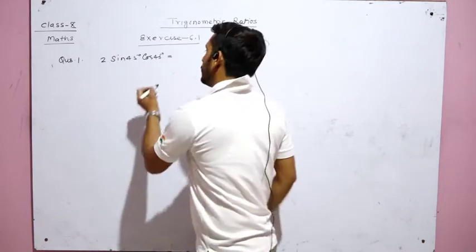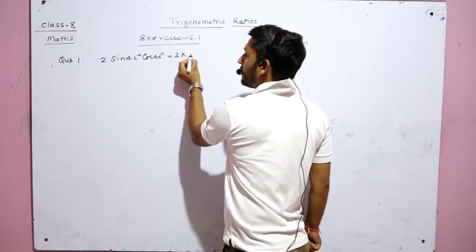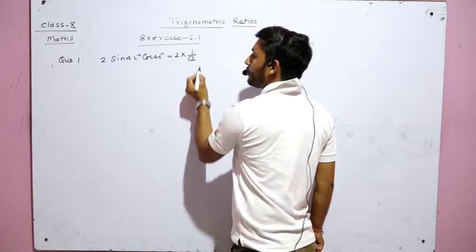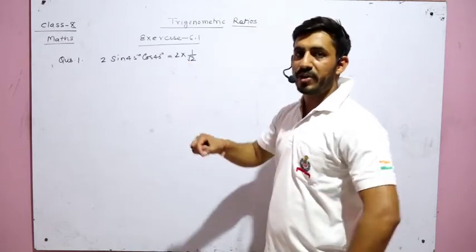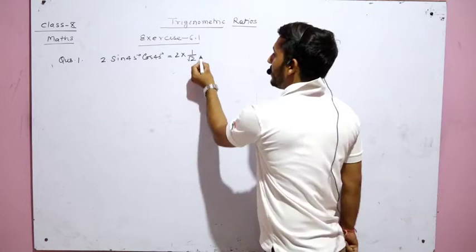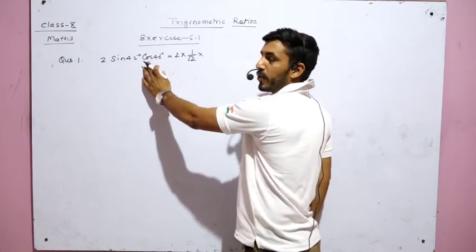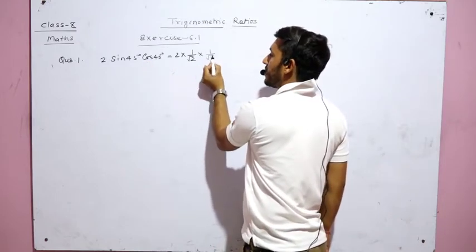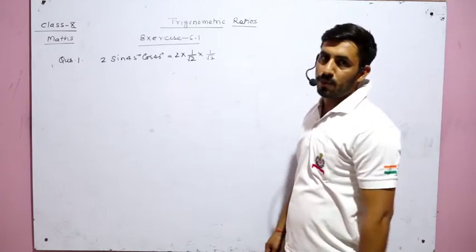As we know, the value of sin 45 is equal to 1 by root 2. You can perceive it from the table. The value of cos 45 can also be given as 1 by root 2.